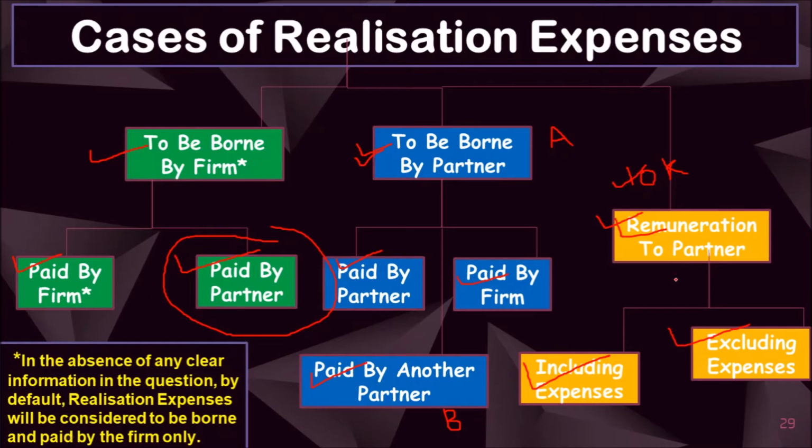He is not supposed to bear the expenses. So expenses in that case will be borne by whom? The firm. Why? Because in actual, I told you that realization expenses are the expenses of the firm only. So understand this situation. In a little while I will show you the journal entry so that you can understand in a better way.